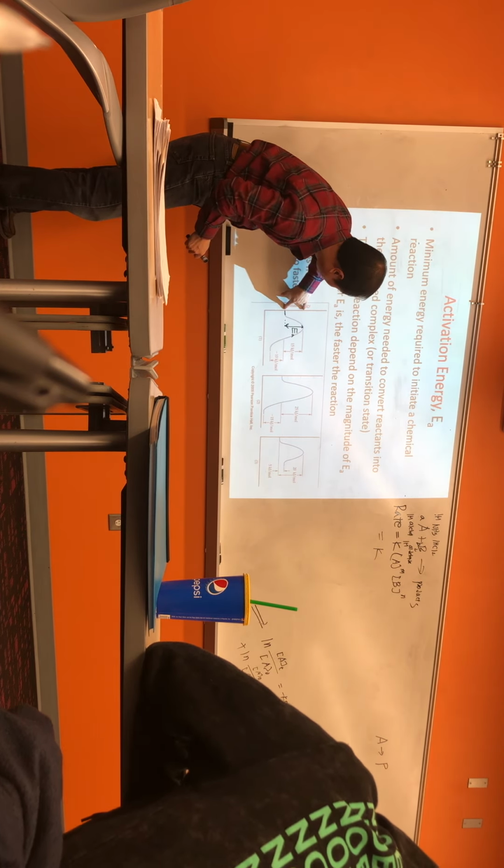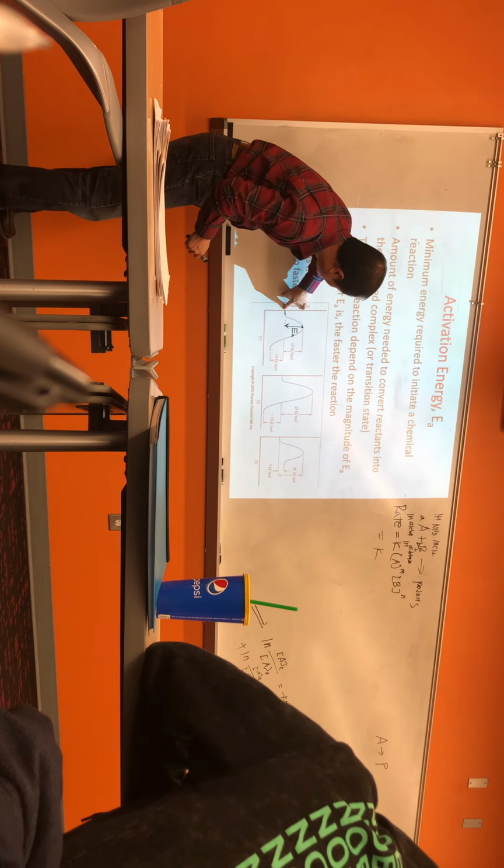So this will be fastest. Okay, so largest K, next K, this is smallest K. Because this gap is from reactant to transition state. Even though it's on this side, still this is from the reactant to transition state.